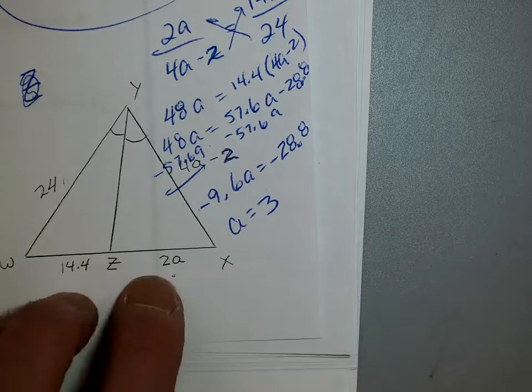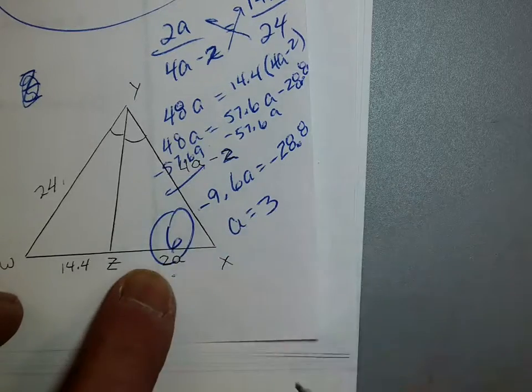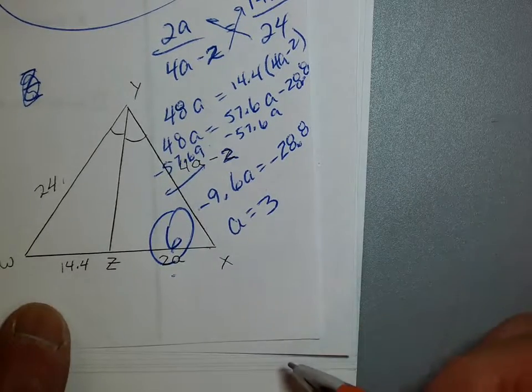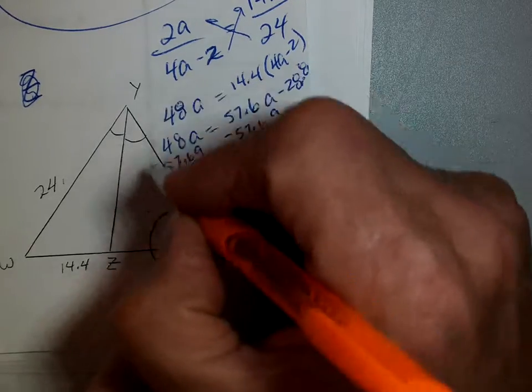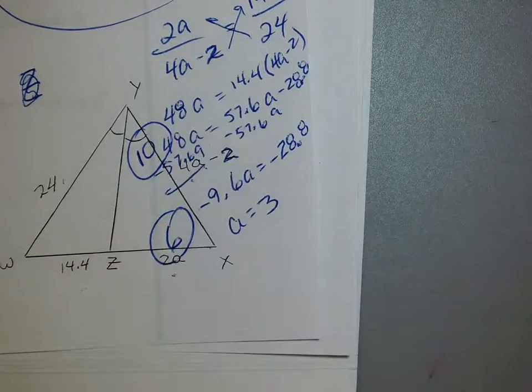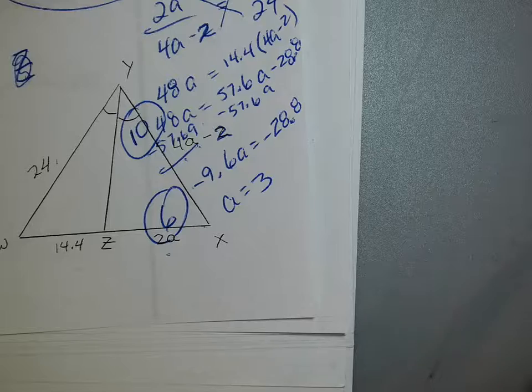Now, if a equals 3, then this side is 6. You guys agree this side's 6? This side's 3 times 12, and that side's 10. So 14.4 over 24.